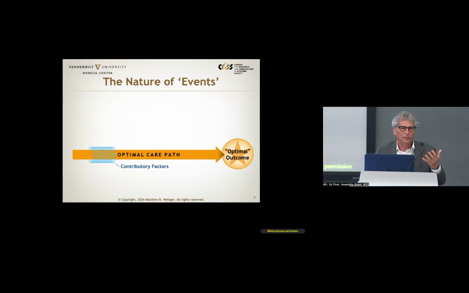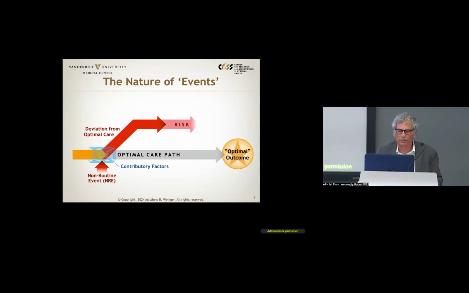So there are all these factors that we heard about. Very nice talk from our resident in the last session. We call those contributory or performance shaping factors. And what we study is the occurrence of events usually associated with contributory factors that result in a deviation from optimal care.